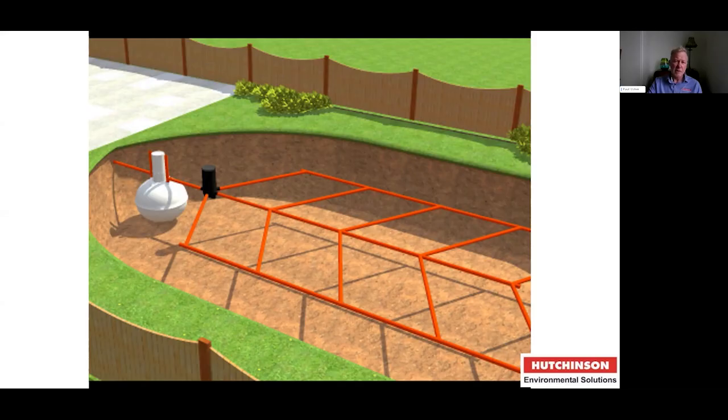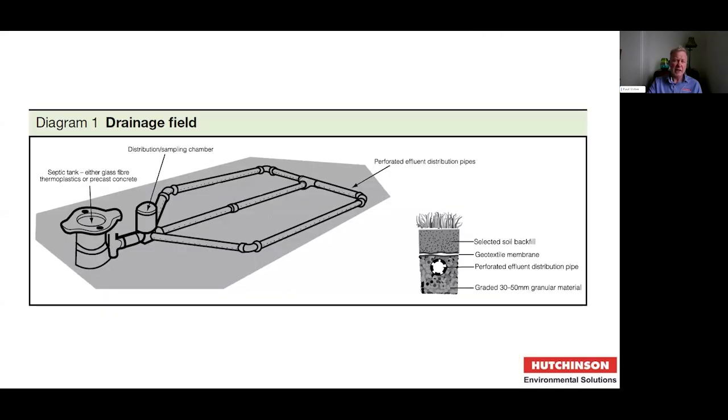Certainly tend to see more rectangular systems like this, and that comes from the building regulations there. You can see on the right-hand side of that, that's the structure of the trenches in which the drainage pipes are laid.